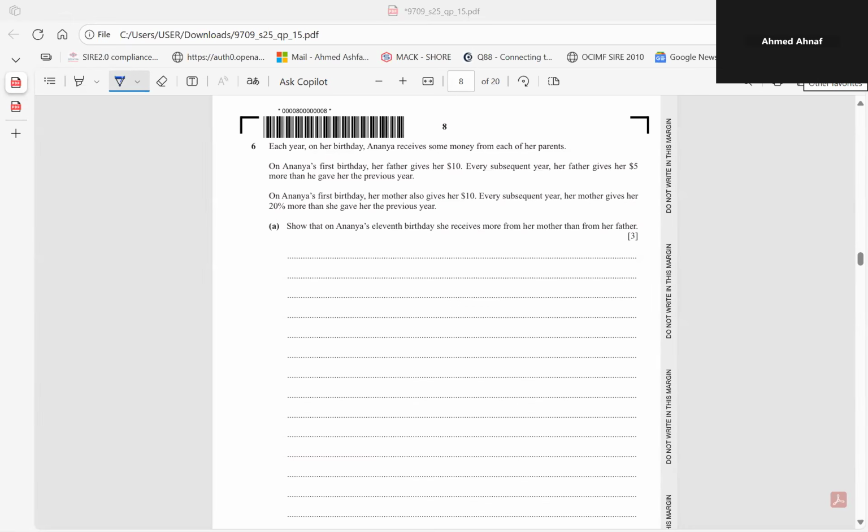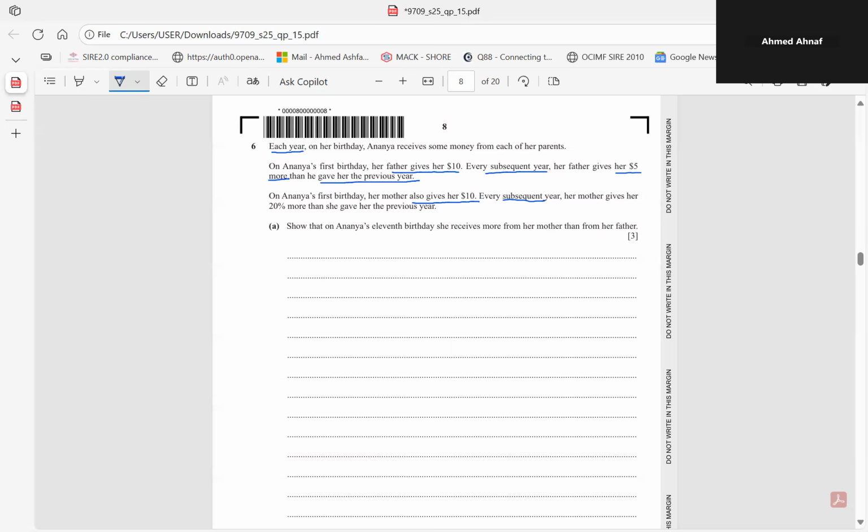Okay, so for this question, we're told that each year on her birthday, Ananya receives some money from each of her parents, and then on her first birthday, her father gives her $10, and every subsequent year, her father gives her $5 more than the previous year. And then on her first birthday, her mother also gives her $10.